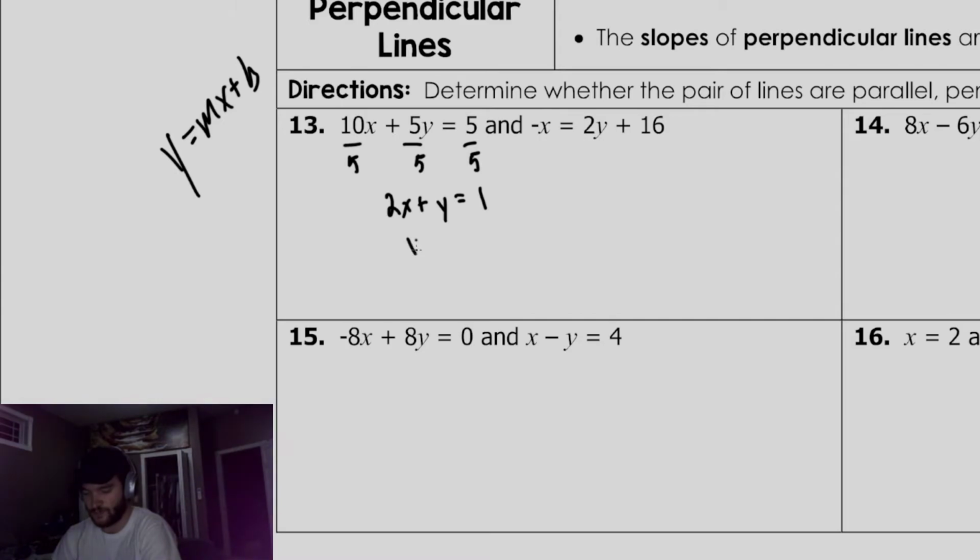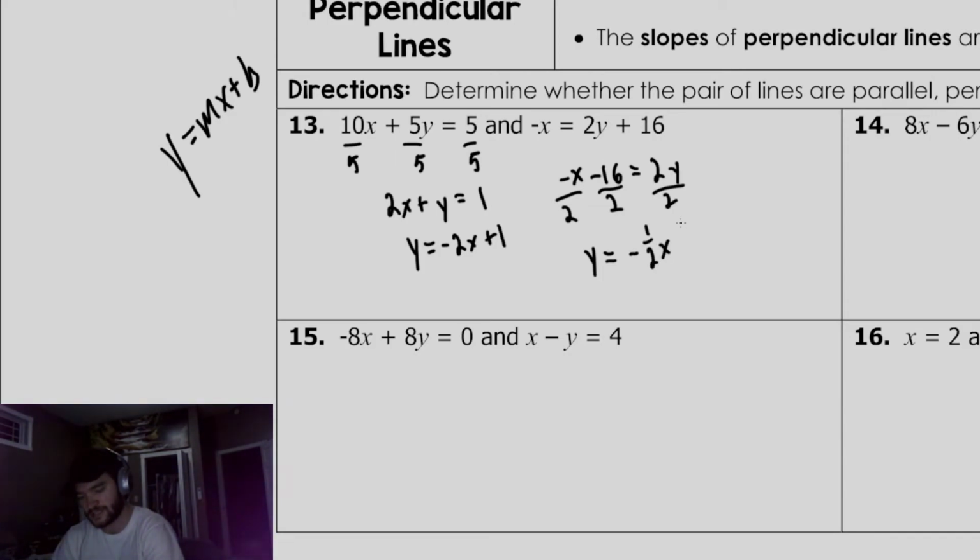So when I move this over, I get y equals negative 2x plus 1. This other one, I'm almost already there, so I'm going to move the 6 over, so I'm left with negative x minus 16 equals 2y, divided by 2. So y ends up equaling negative 1/2 x minus 8.